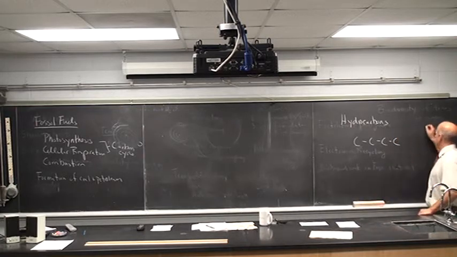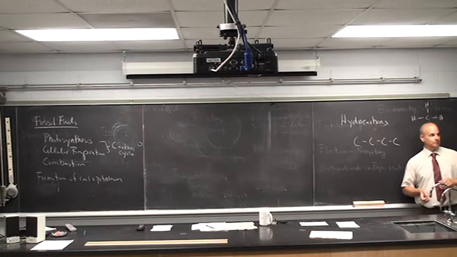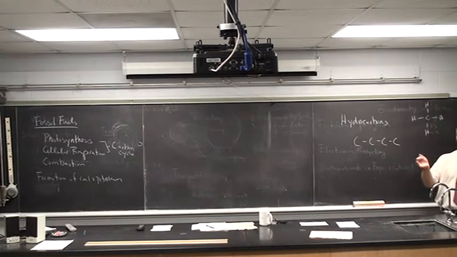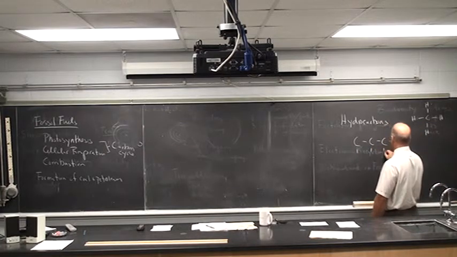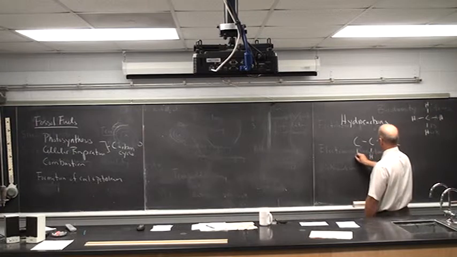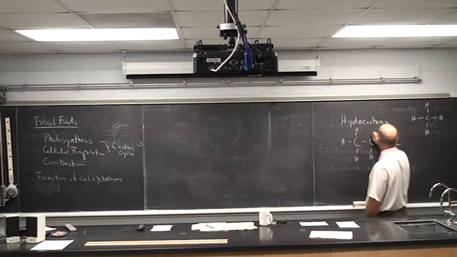The smallest one is just one carbon atom with hydrogens on it. That's methane. As you add carbons, the chains get longer, and each carbon is attached to a hydrogen. That's your simplest example of hydrocarbons.